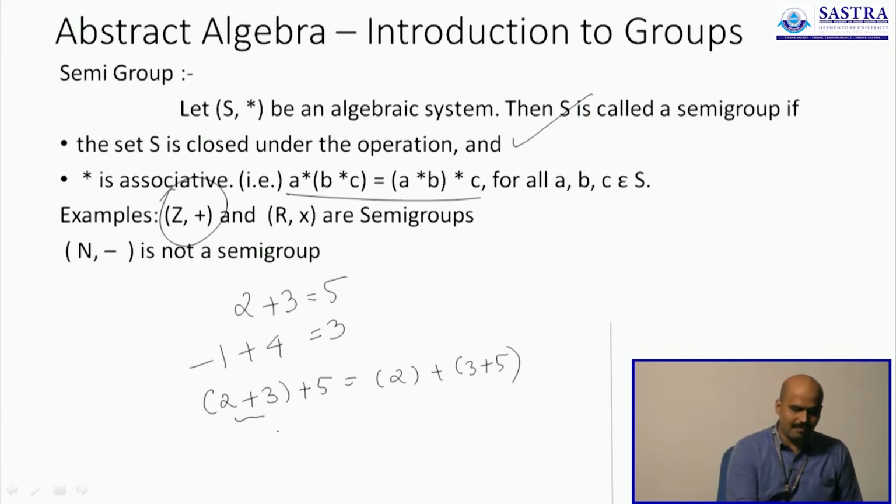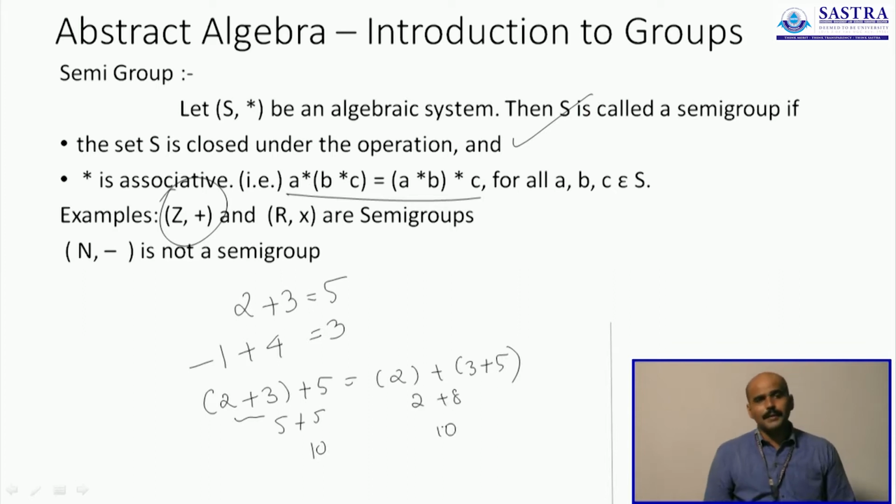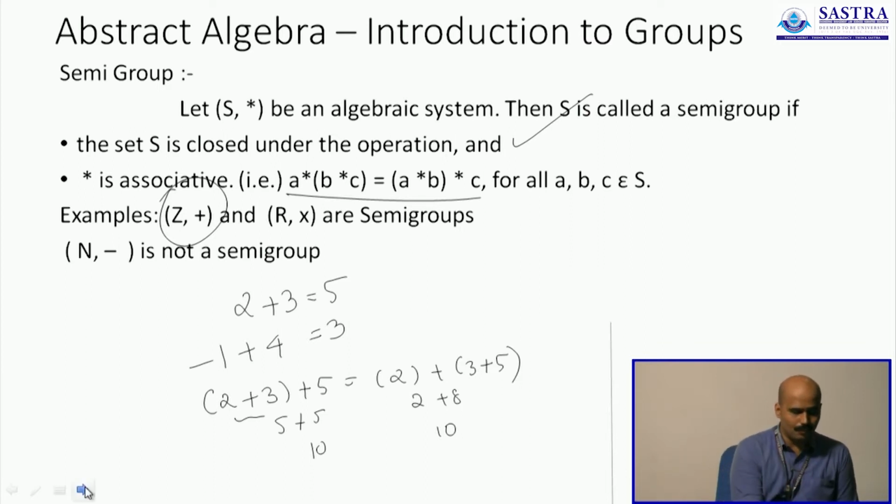This is 5 and 5 giving me 10, and this is again 2 and 8 giving me 10. The answer is the same. I have not changed the order, but I have selected which two operands to operate first, and the answer has not changed. Therefore the operation of addition is associative, which makes Z plus a semi group.